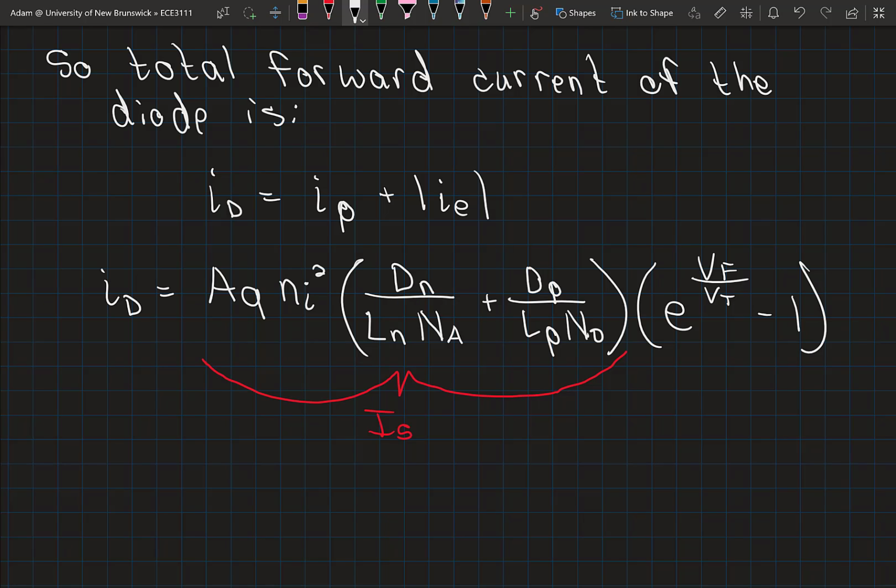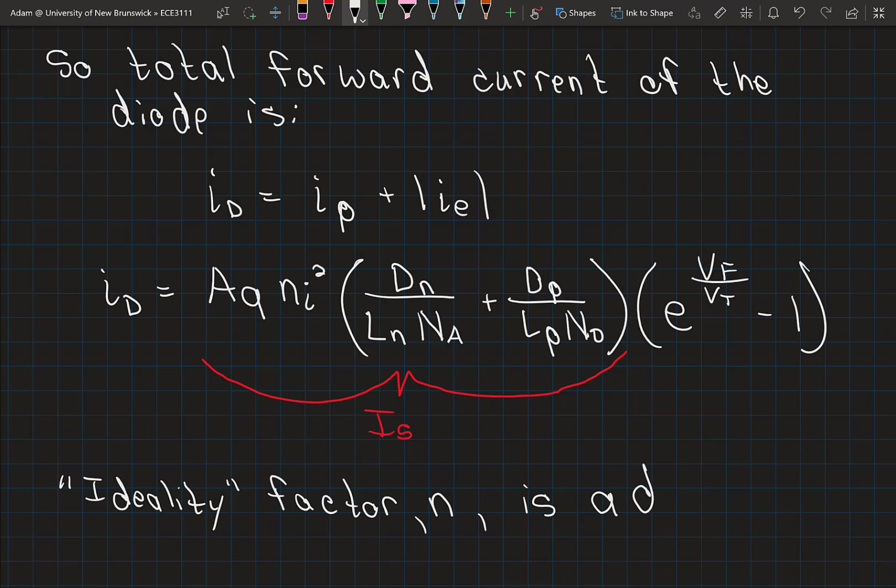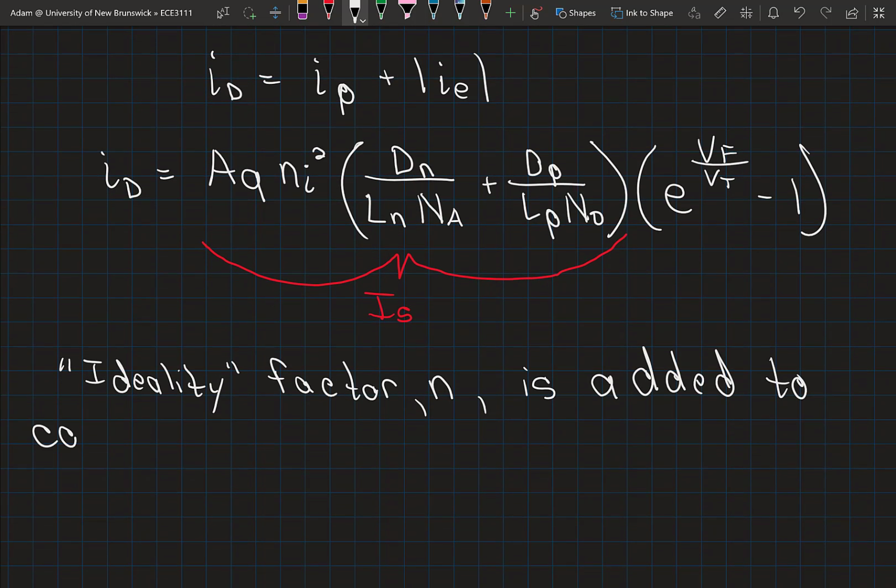The only term that's now missing from what we've defined as our expression for calculating diode current is our ideality factor. So the ideality factor N gets added to the expression to compensate for any recombination that occurs in the depletion region.